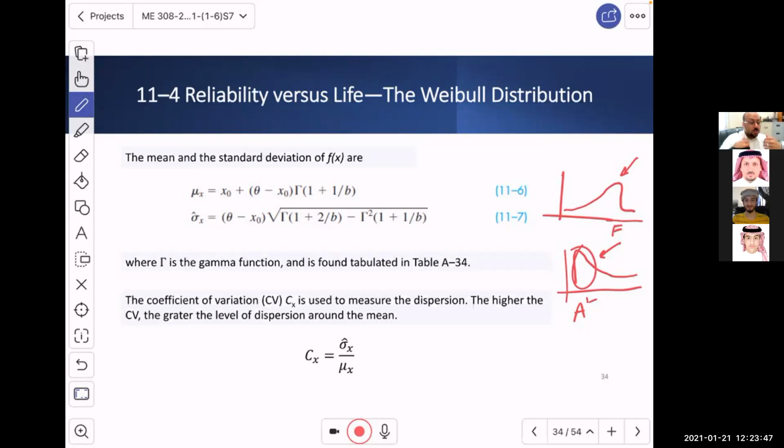It doesn't make sense. You should say it is not that, even though I don't know the equation. So what is it? It's mu x, which is equal to this. Now, look here. This is the gamma function.